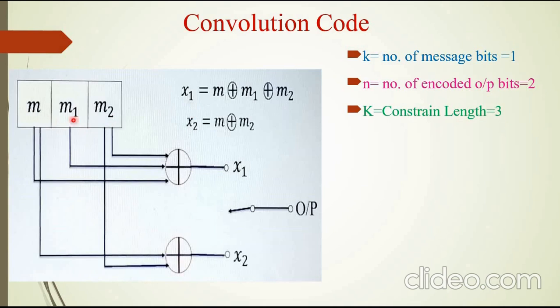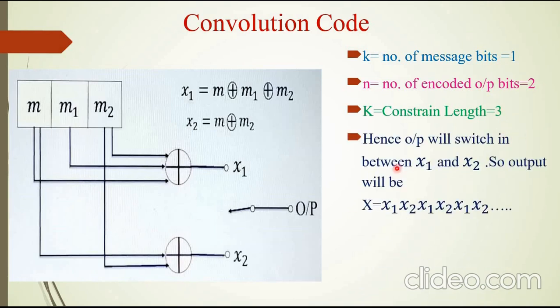The constraint length, capital K, equals 3, based on the number of shift registers we are using. These are the basics that you should know.